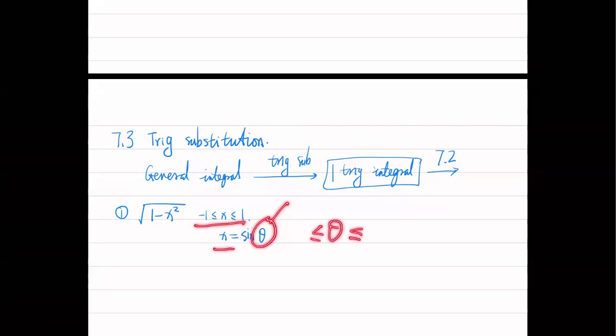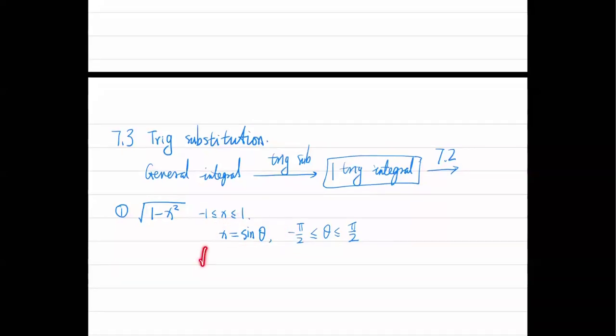So here we can pick the interval negative pi over 2 to pi over 2. On this interval, this is a one-to-one function. The square root.